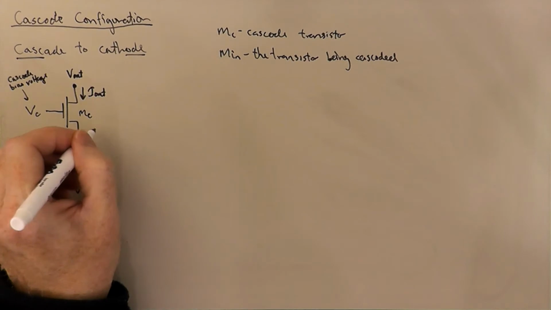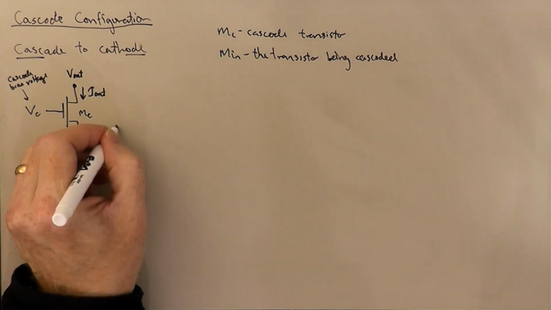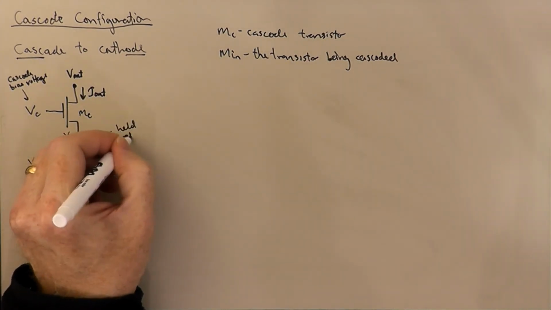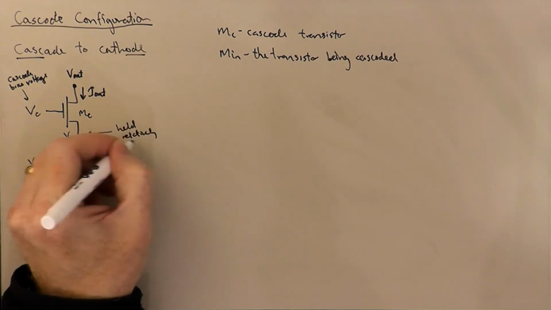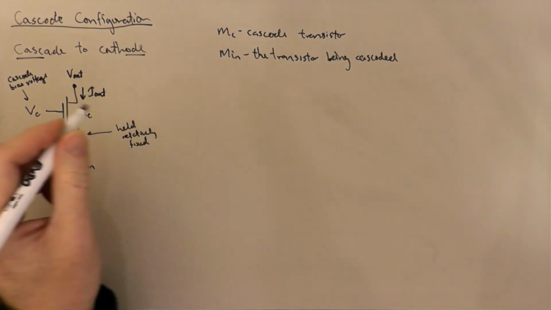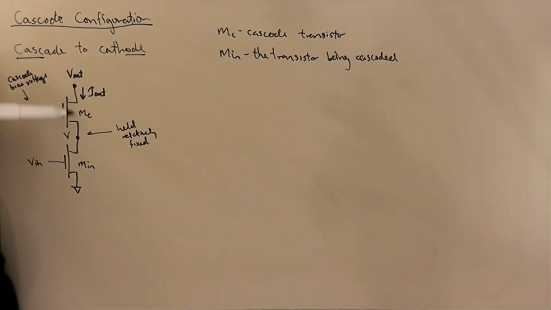So the cascode transistor keeps the drain voltage, or the drain to source voltage of Min, more or less constant, despite potentially large changes in the actual output voltage.